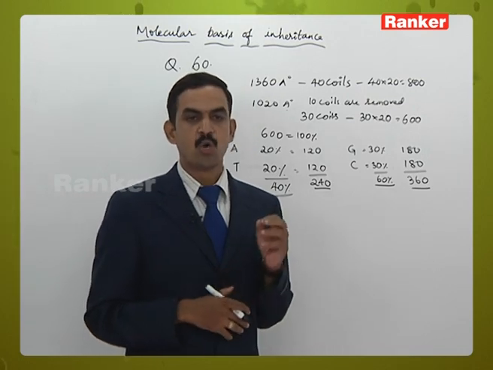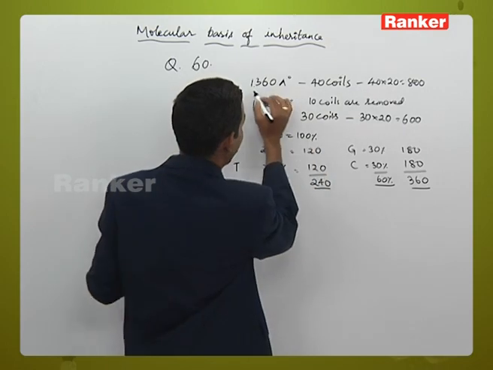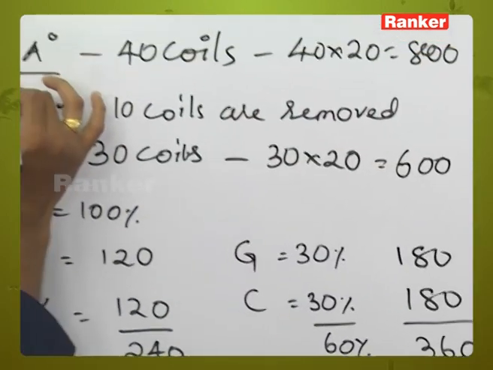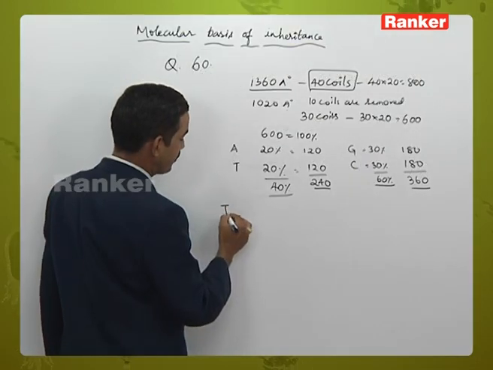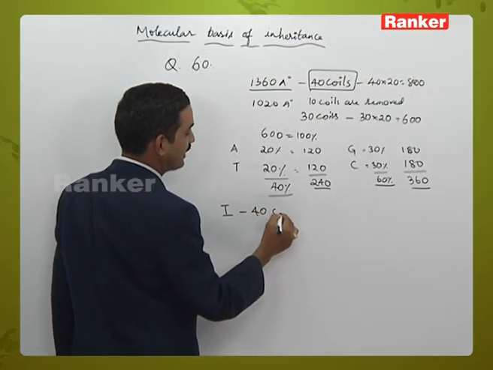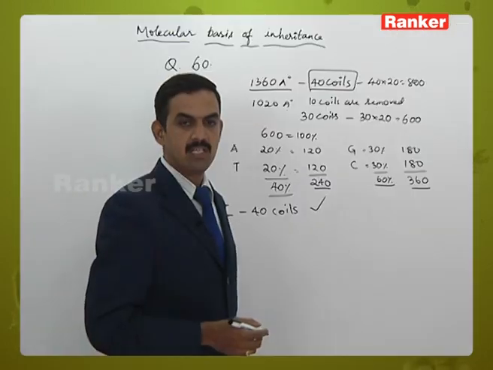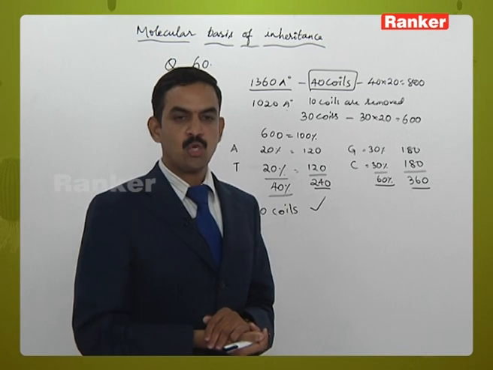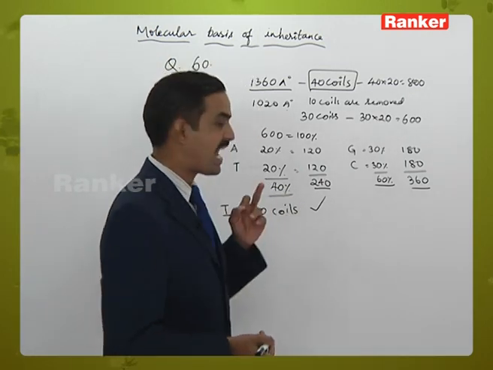First one, total number of coils present in the original DNA molecule. In the original DNA molecule, the length was 1360 and the number of coils formed is 40. So the first option, that 40 coils are present in the original DNA molecule, is correct. Then the second one is total number of nucleotides deleted from the conduction of the experiment is 100.